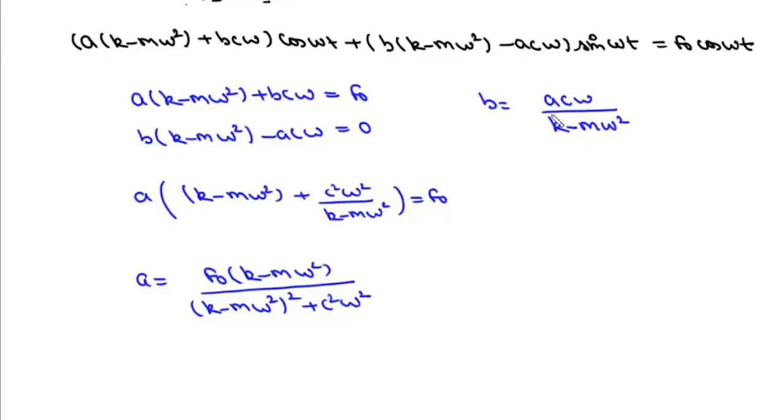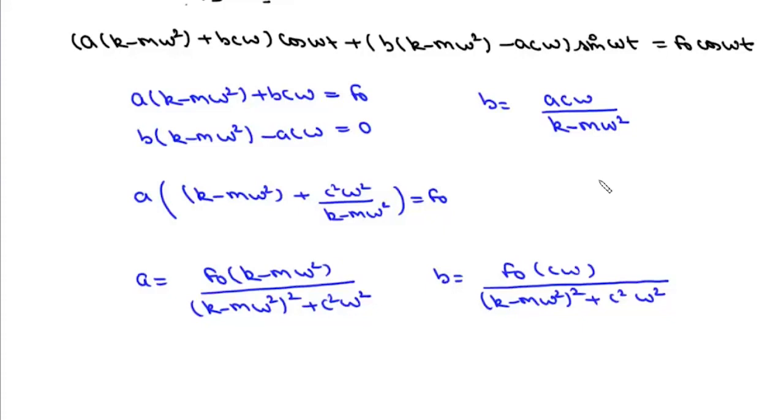If we put a here, we'll get this b as, in this case k minus m omega square will cancel, so we'll get F naught c omega upon k minus m omega square whole square plus c square omega square.